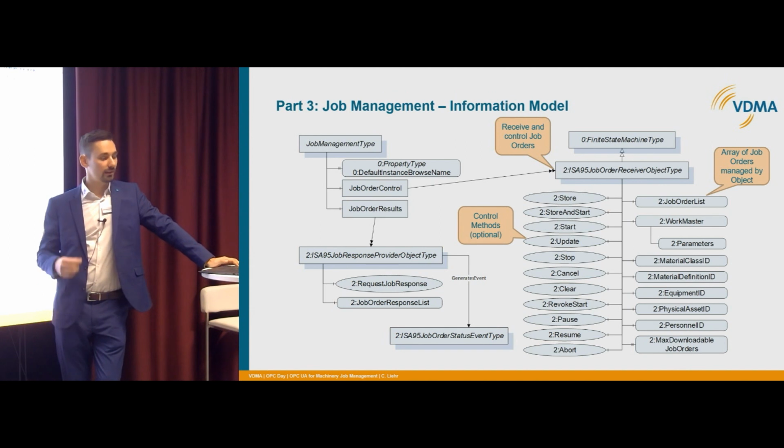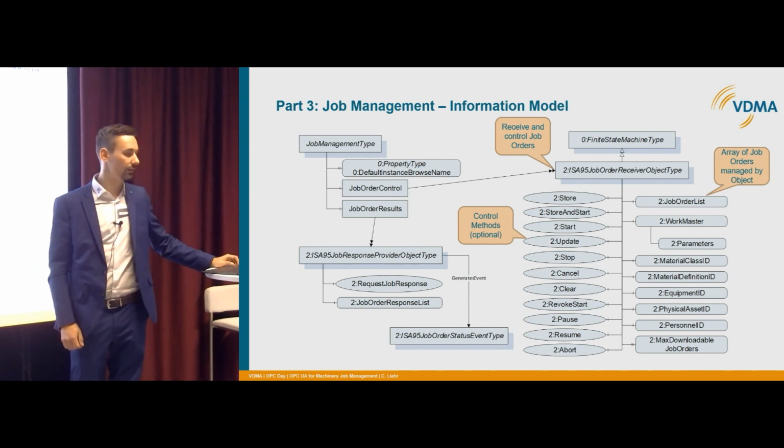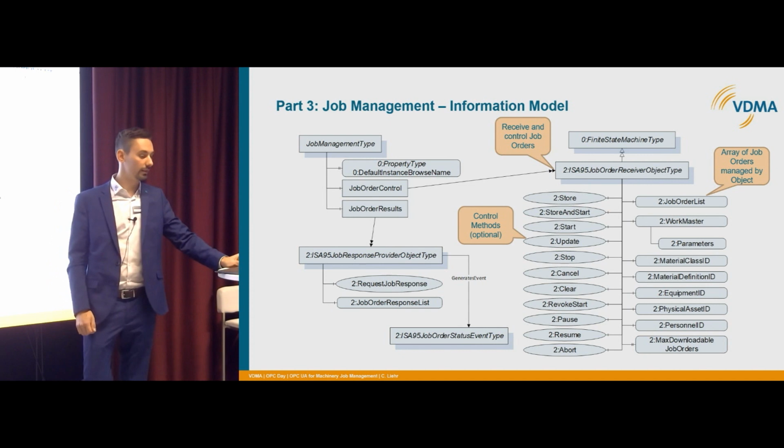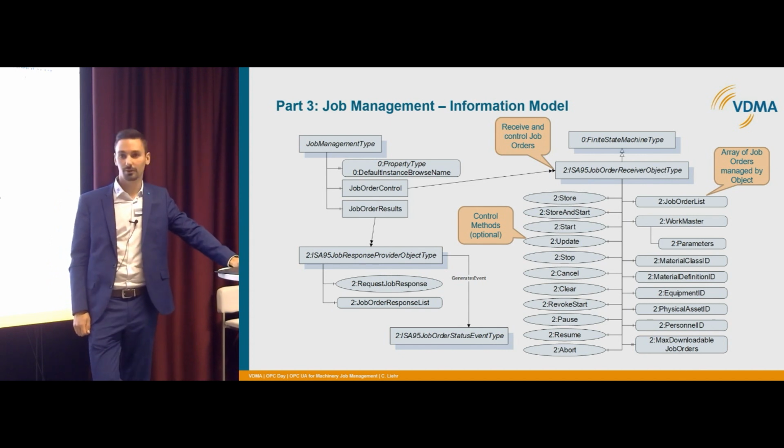So the array shall start with all executed job orders in the order the execution started, followed by all job orders currently executed or interrupted, also in the order the execution started, followed by the job orders that can start to be executed, followed by the job orders that currently cannot start to be executed. The job orders that can start to be executed shall be ordered based on the starting time and the priority.